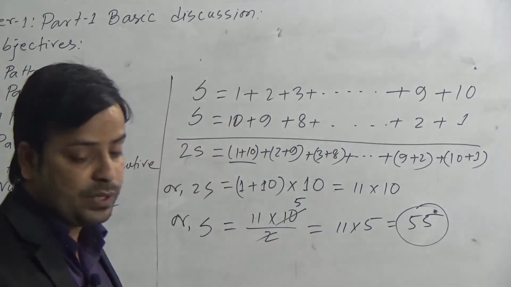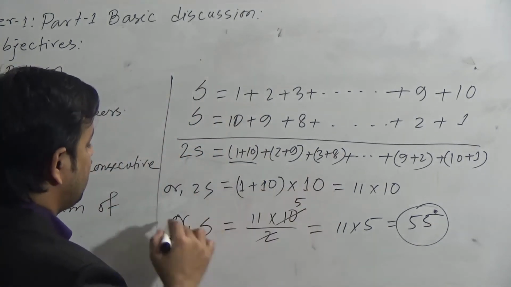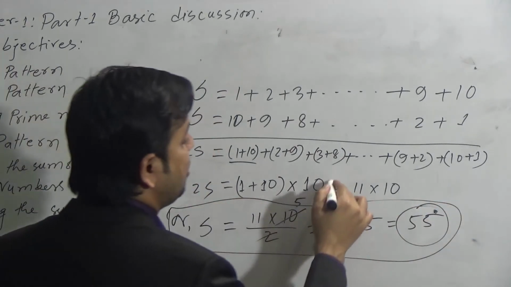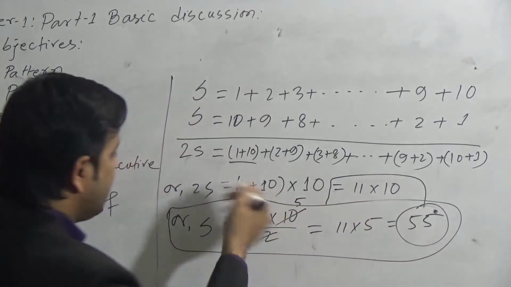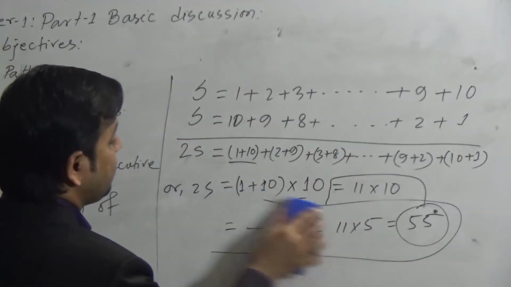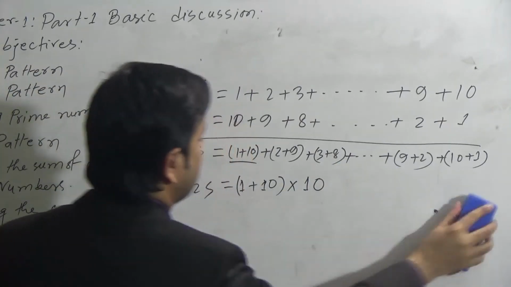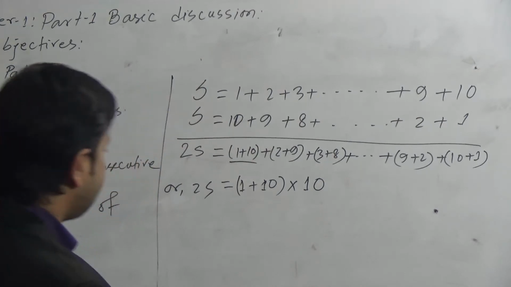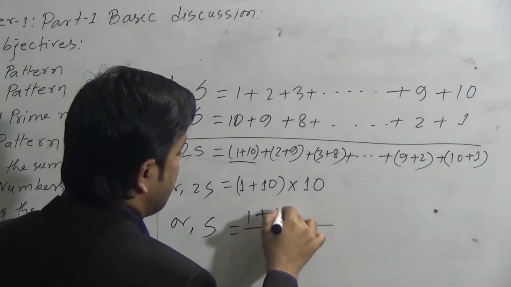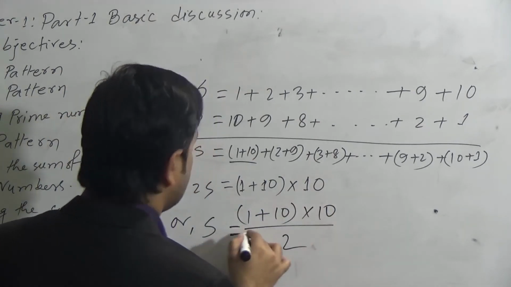But from this we can determine the formula. Don't consider this portion, as I will show the formula now. After this we can write in this way: S equals (1 plus 10) multiplied by 10 divided by 2.